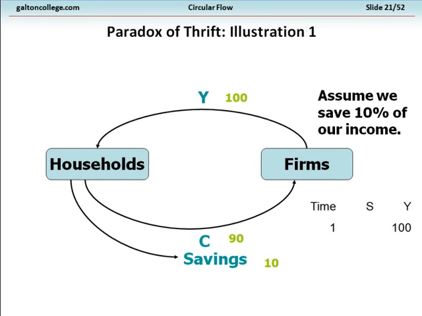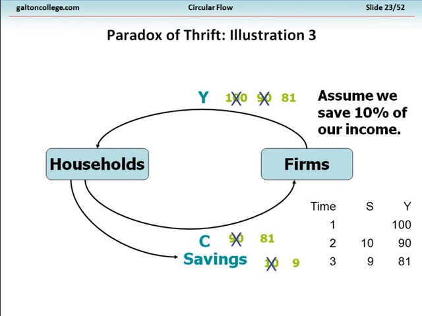But if you think about this now, the firm can't pay out 100. It doesn't receive 100, it only receives 90. So income has fallen. That means workers will receive less. They can't receive 100. They used to receive 100, now they only receive 90. So the amount of income flowing in the system has been reduced.